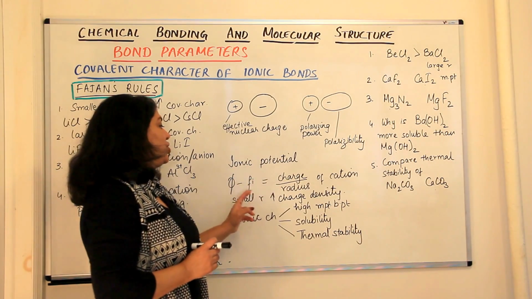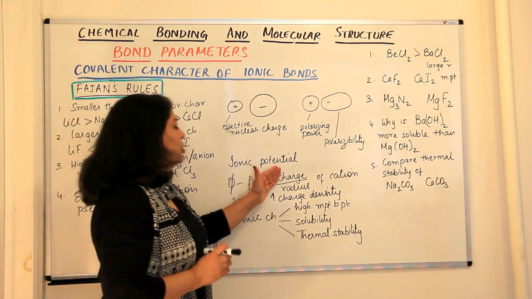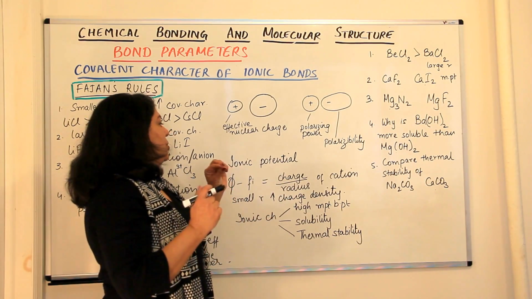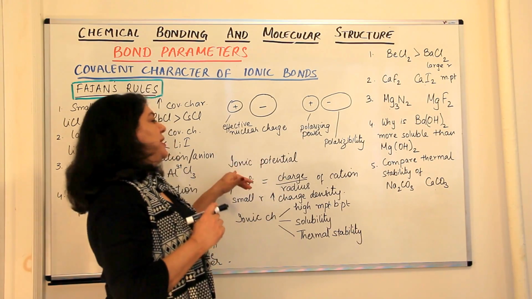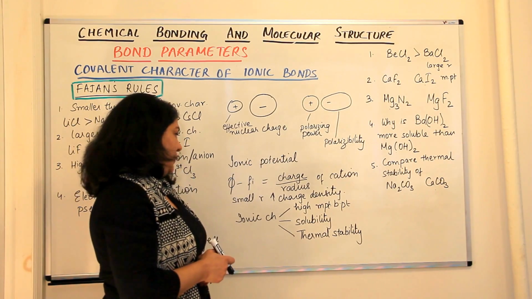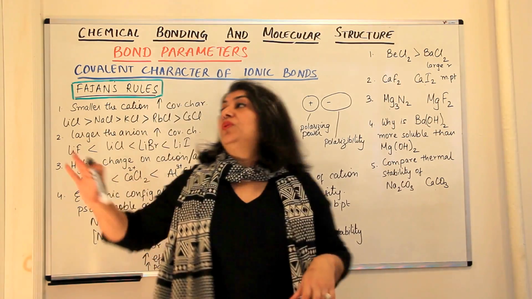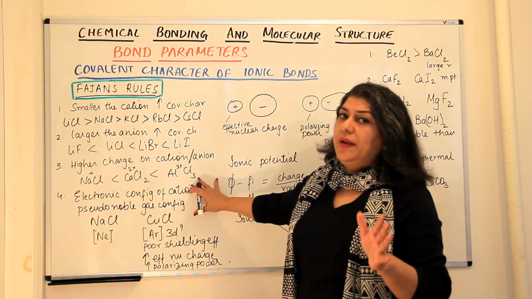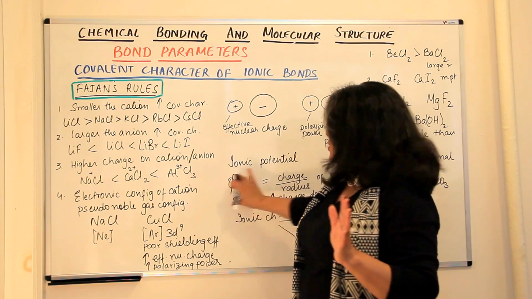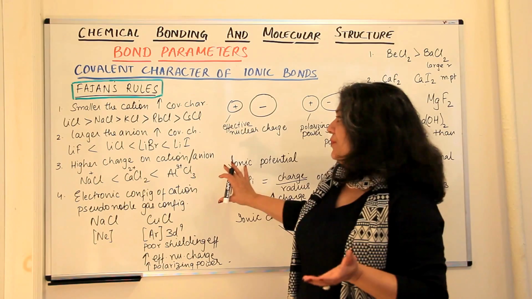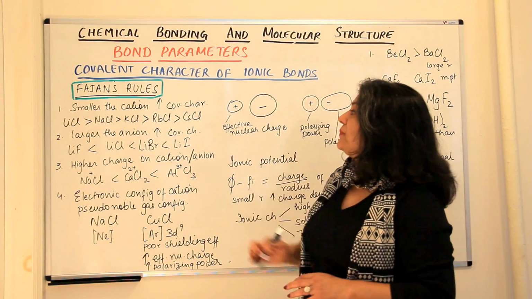So ionic potential depends on charge and radius of the cation. So this polarizing power is calculated in terms of the ionic potential. Now we come to Fajan's rules. The numerical problems are not there in the syllabus, therefore just the knowledge of this is good enough to understand the concept of Fajan's rules.